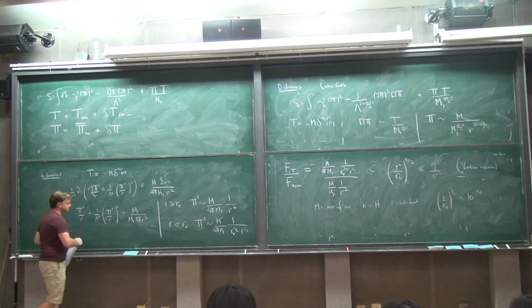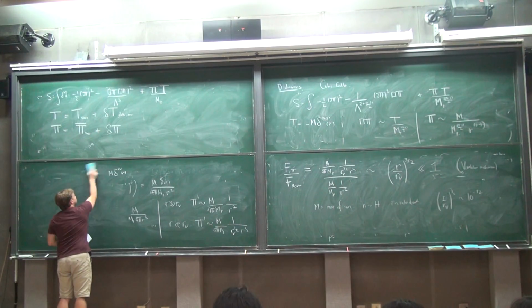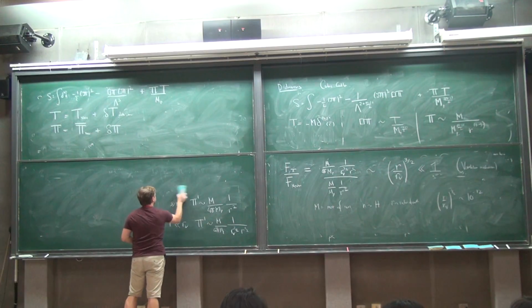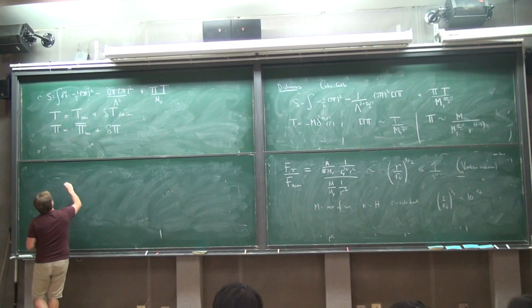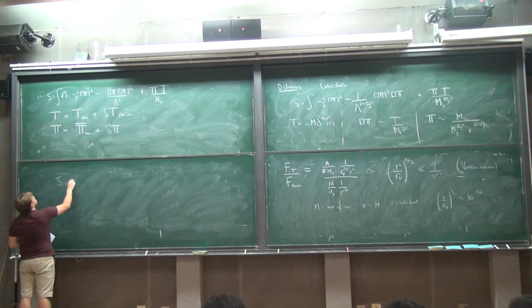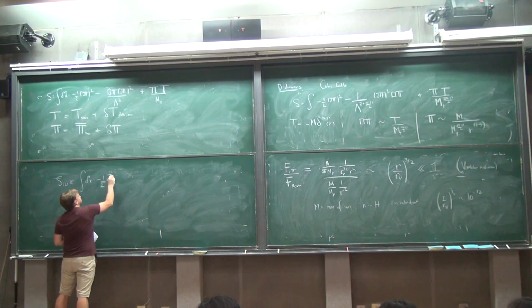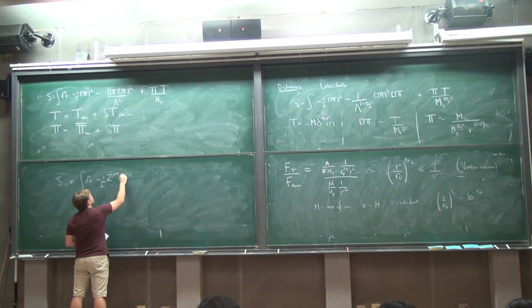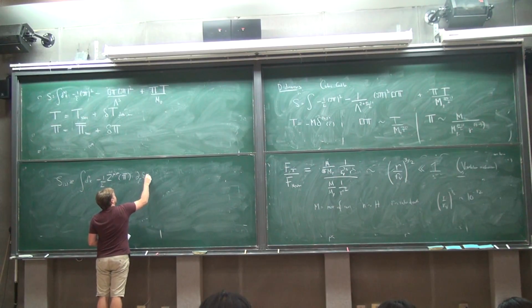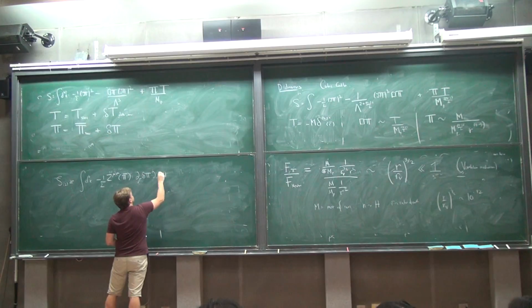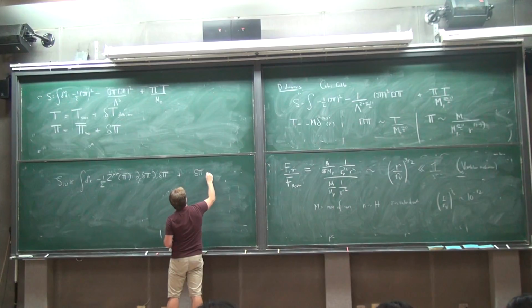If I substitute that decomposition into the action and expand to quadratic order, then the action for the fluctuations around the background will have this form. It will have some renormalized kinetic term, which is a function of the background field, times ∂_μ δπ, plus, and then δπ will couple to δT.